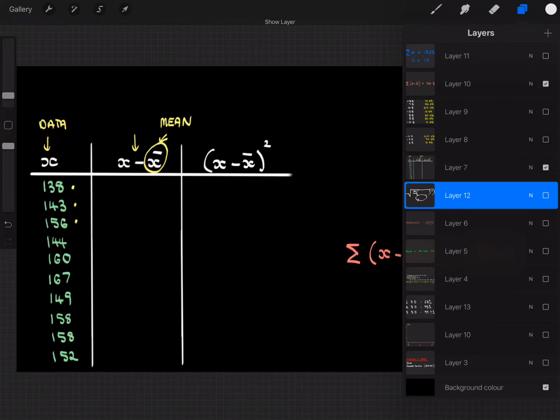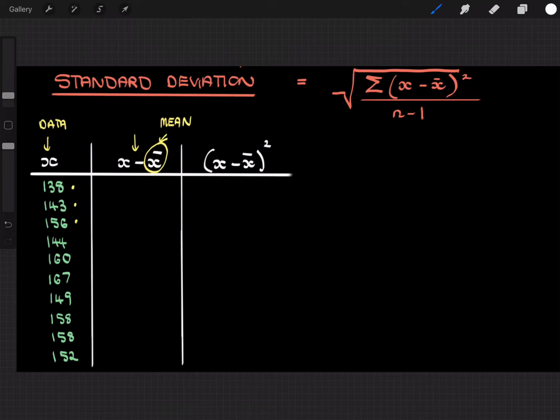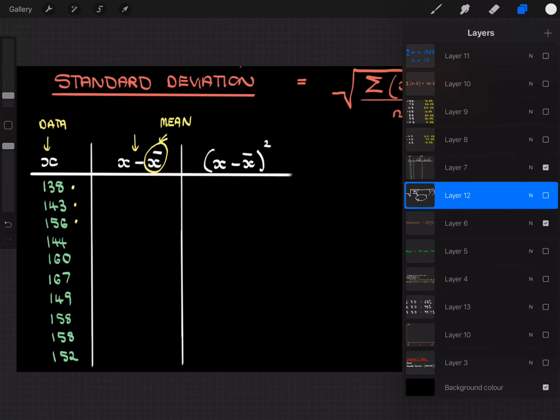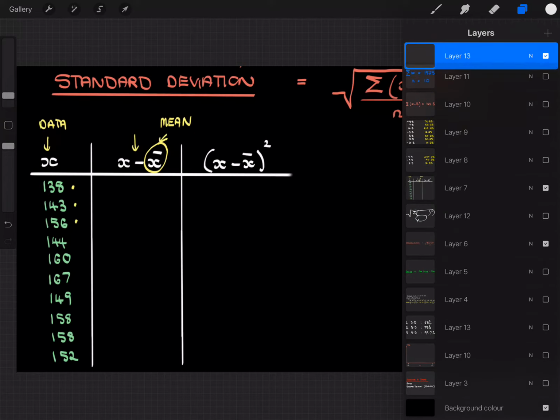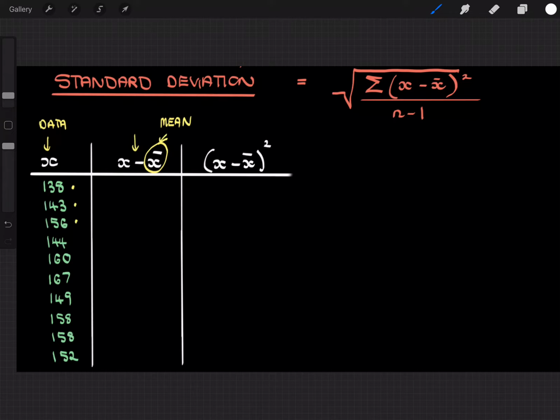So I'll hide that again, and we're going to put it in this table here. Okay, so here is our data: 138, 143, 156, 144, and so on. That's our list of data. And remember, we use the term X to represent the list of data.